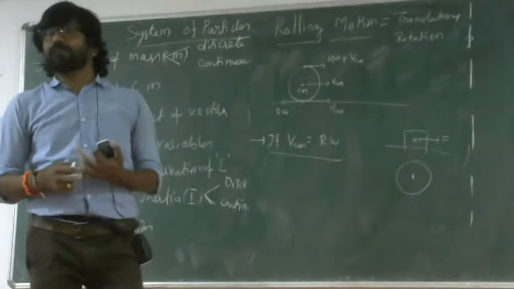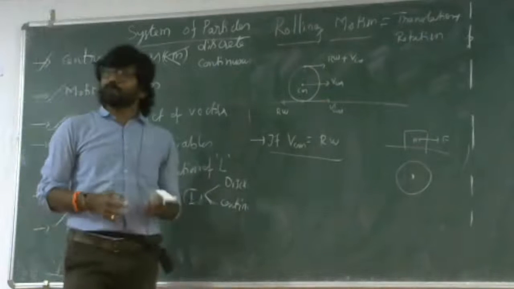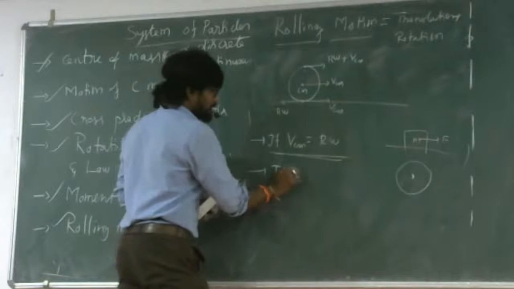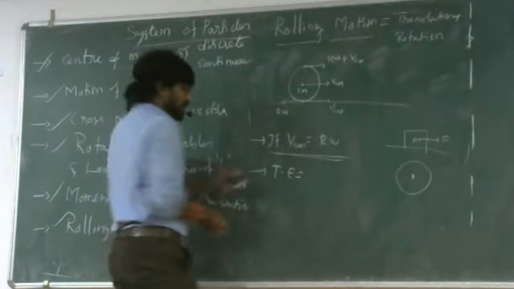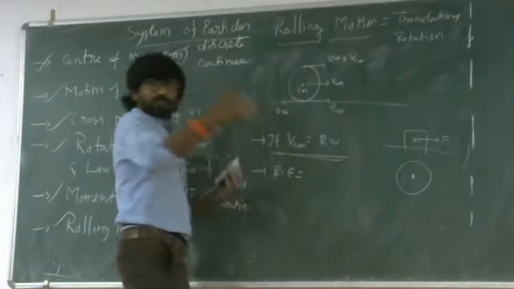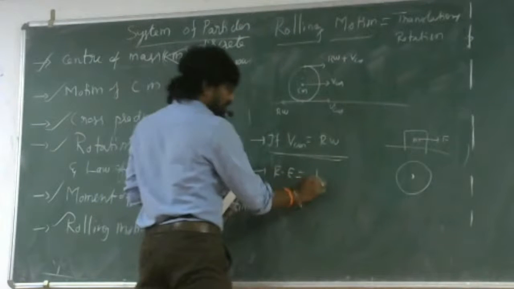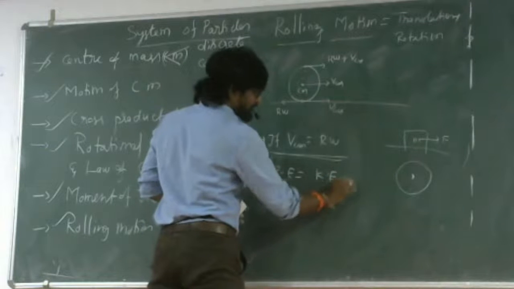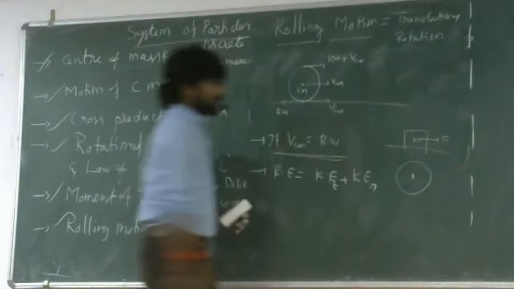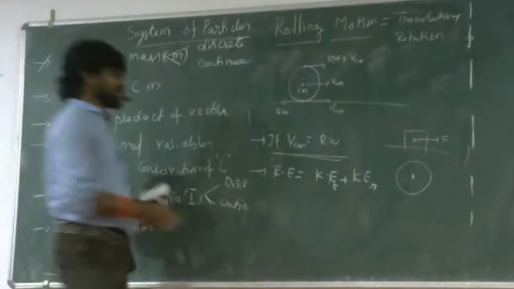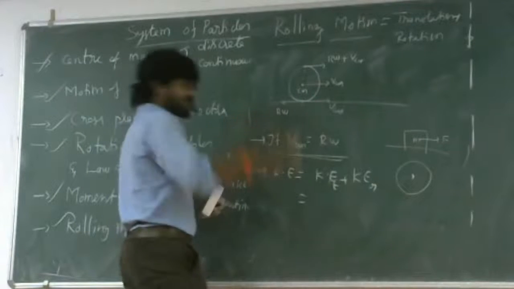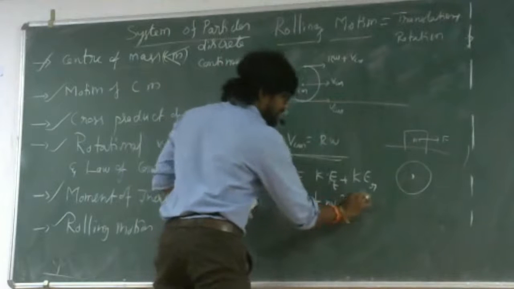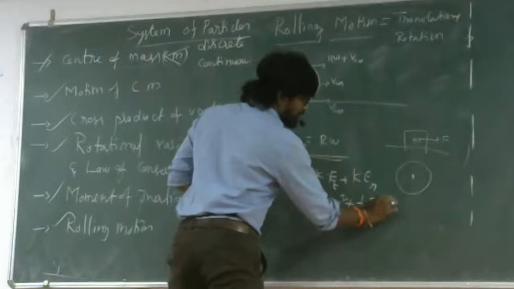Pure rolling motion. Whenever the body is in pure rolling, the total kinetic energy of the body is equal to translational kinetic energy plus rotational kinetic energy, both will take place. If a body of mass m is moving in translational motion, translational kinetic energy is half m v square, plus rotational kinetic energy is half I omega square.